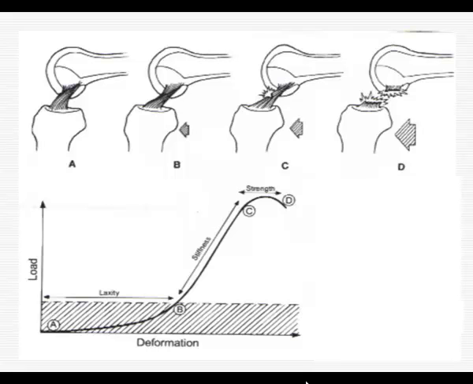But as load increases, the deformation increases as well, to the point C. And between B and C is what's called stiffness, or the resistance of the material, or of the ligament in our case, to resist deformation.